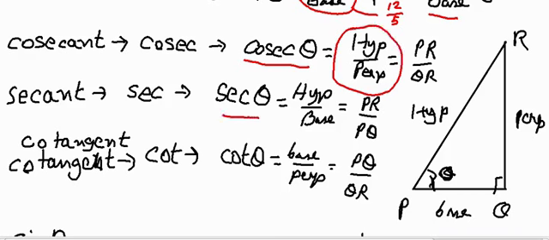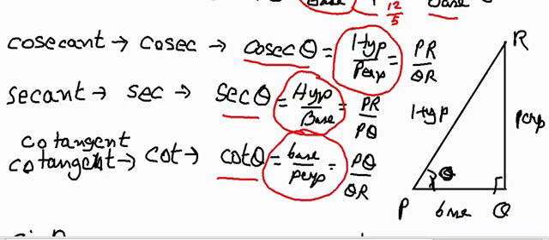Sec theta is hypotenuse by base, and cos theta was base by hypotenuse. And the third is cot theta, which is base by perpendicular. This is also just the reciprocal of tan theta.